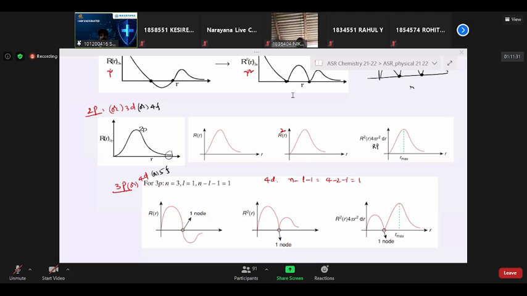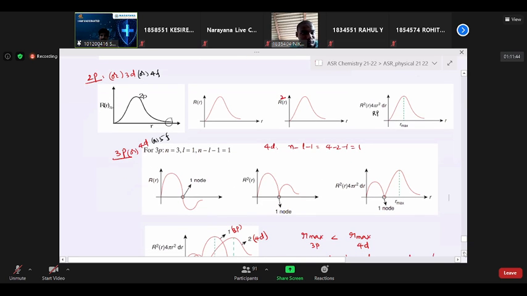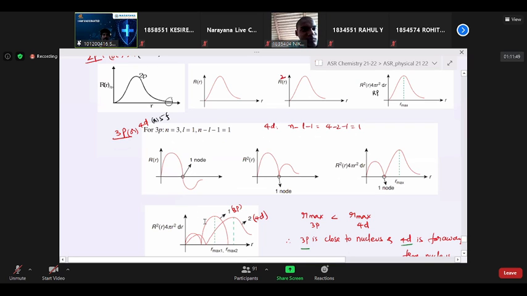Okay, so these are the graphs for 2p, 3d, 4f, and 3p, 4d, 5f. And now I'm giving the clear representation. See, I already told that 3p and 4d graphs are similar.